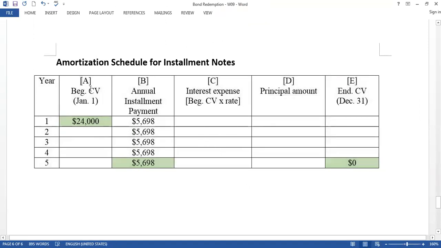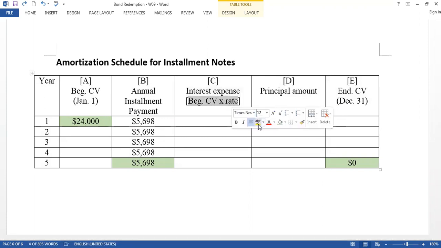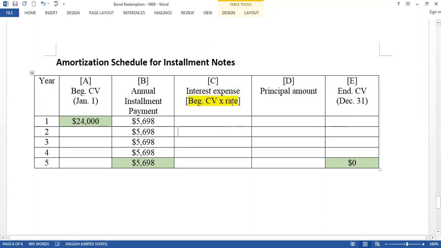So we know A is the beginning carrying value, B is the annual installment payment, C is the interest expense, and we know the formula to calculate interest expense. The formula is beginning carrying value times rate.